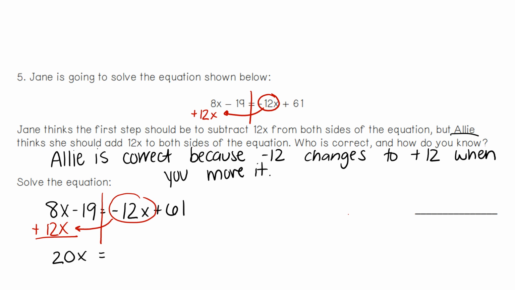Just as we move the variables, we're going to move our whole numbers to the other side as well, changing our negative 19 to a positive 19. 61 and 19 give us a value of 80. And then our final step is to divide. We must divide in order, so the 80 divided by the 20x to get a final answer of 4.